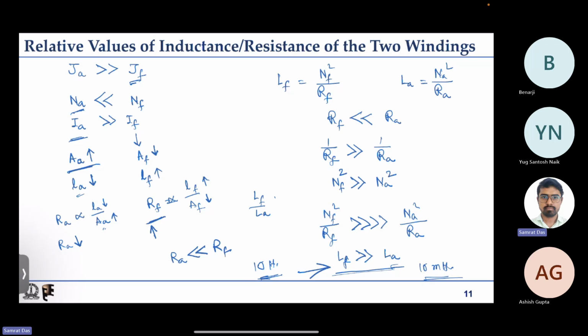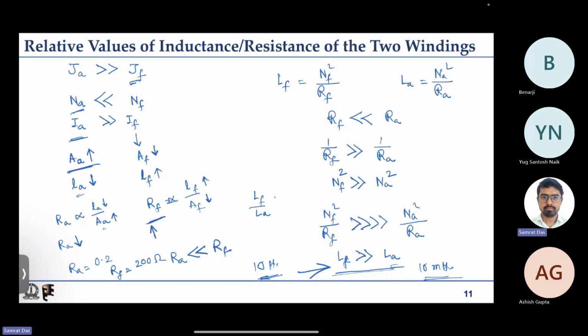If you pick some values, Ra may be a fraction of an ohm to a few ohms at max, so 0.2 ohm, 0.1 ohm, 0.5 ohm, somewhere in that range. The Rf may be 200 ohm, 250 ohm, 150 ohm, like that. So say 200 ohm.